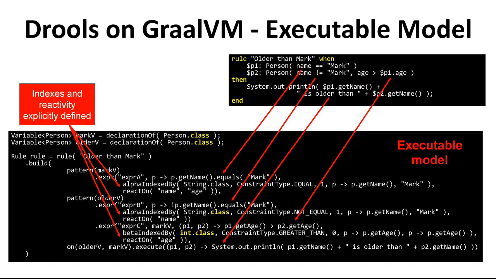All this stuff was inferred from the DRL, from the rule language, but it's written explicitly, generated for you inside the executable model.